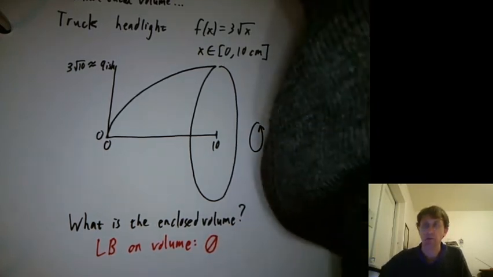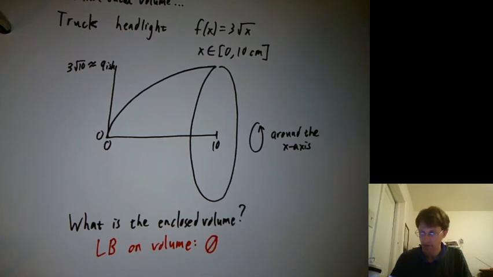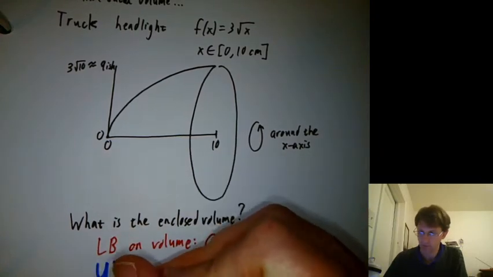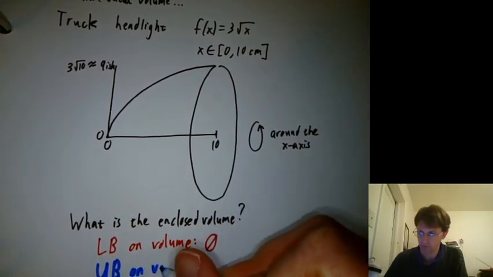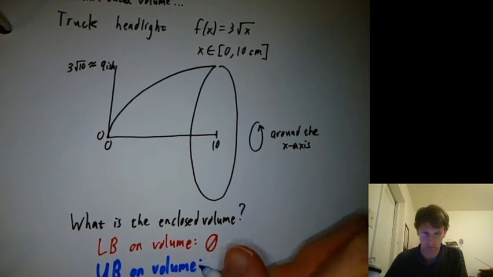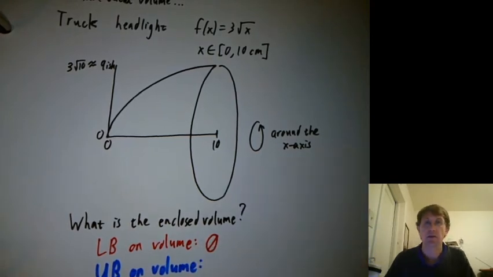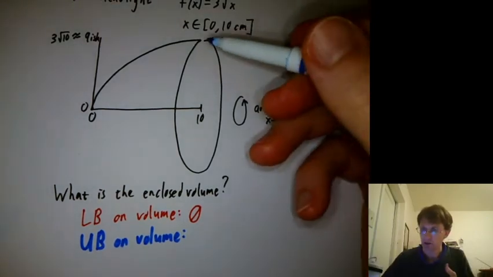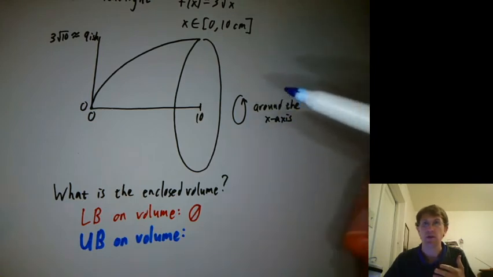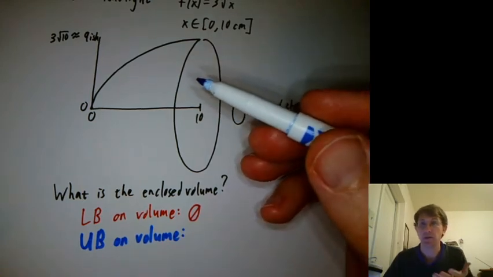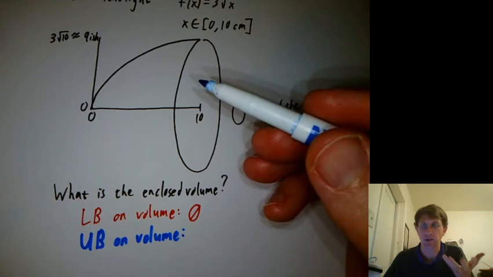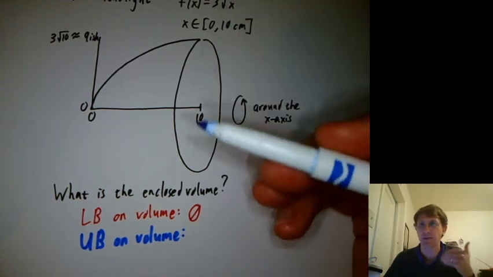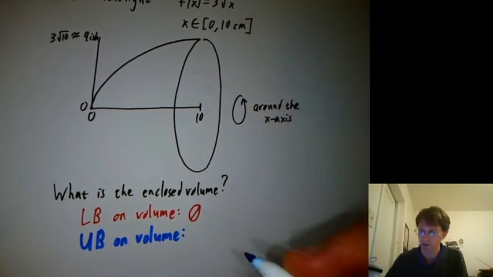How about a quick upper bound on the volume? Well, back before when we did upper bounds on areas, we said let's enclose it with a rectangle. But here we're thinking about a 3D volume. What should we enclose this with? We could enclose it with a square, a cube or something, but I think a circular cylinder makes a little more sense.